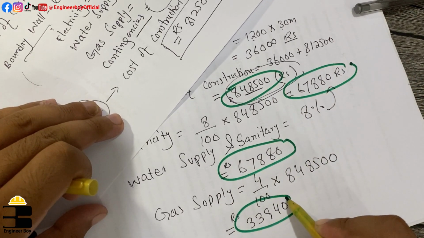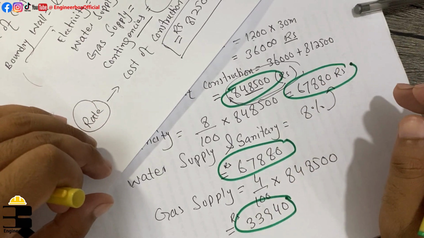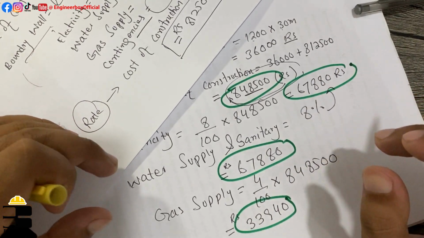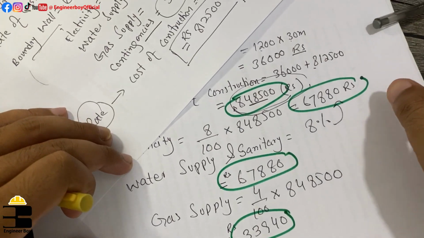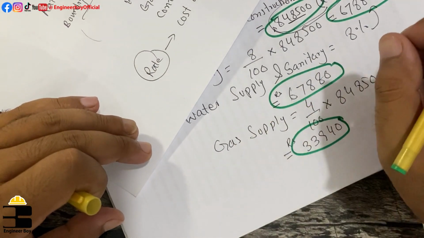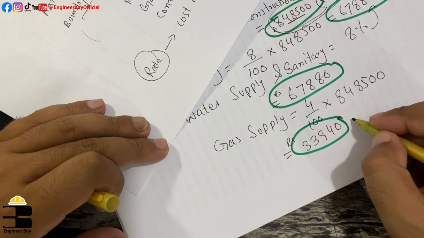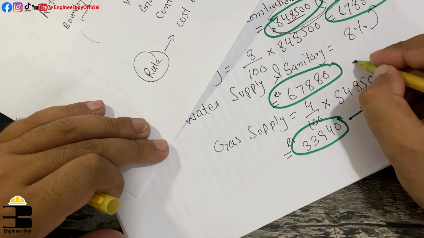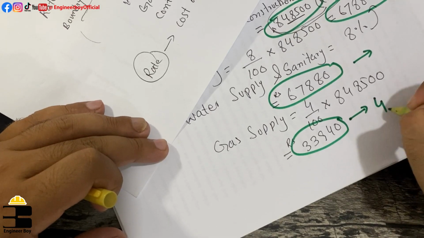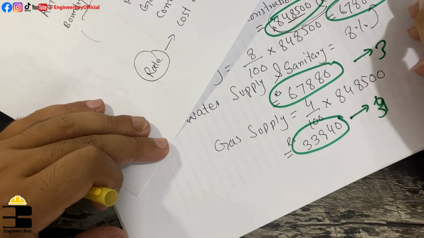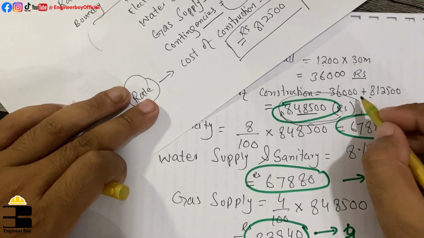Now we can add these things together: the construction cost, the electricity, the sanitary, and the gas. Just these 4 things to get the total cost. Then we will make contingency. It's really complicated to make contingencies for these 4 things separately, like 3% of this, 3% of this one, 3% of this one.